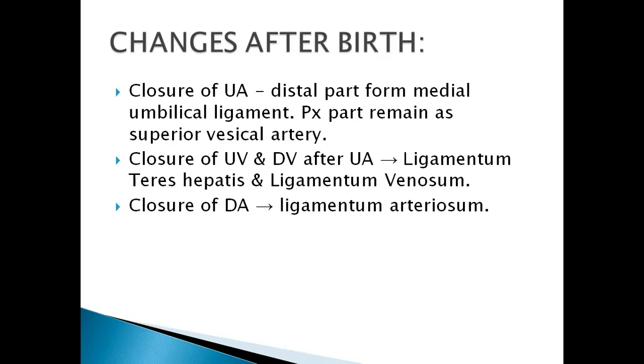Complete anatomical obliteration by proliferation of the intima is thought to take 1 to 3 months. In the adult, the obliterated ductus arteriosus forms the ligamentum arteriosum.